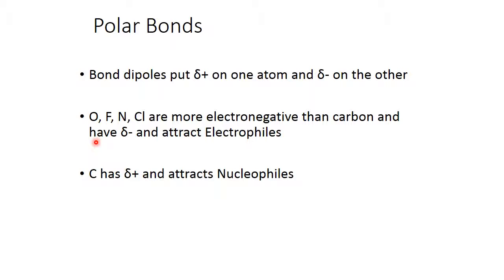Fluorine can only have one bond, so its non-bonding pair doesn't tend to be available to attract electrophiles, because for fluorine to have an electrophile attached to it, it would have to have two bonds, and we don't usually see that with fluorine or chlorine. However, oxygen and nitrogen often can form, for oxygen, a third bond, and for nitrogen, a fourth bond through the non-bonding pair. And so we see them having electrophiles being attracted to them.